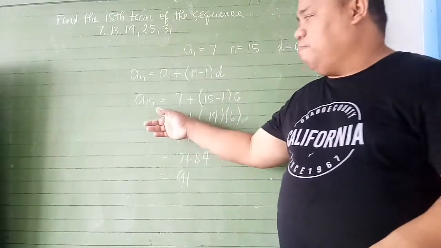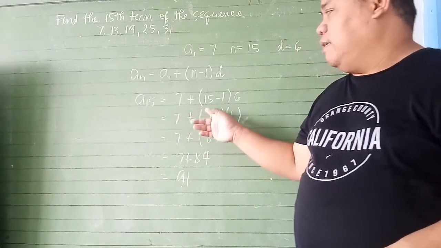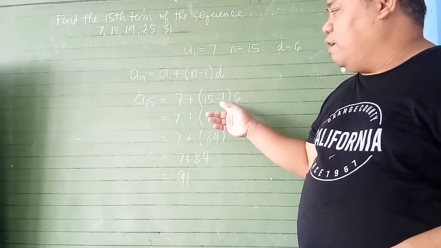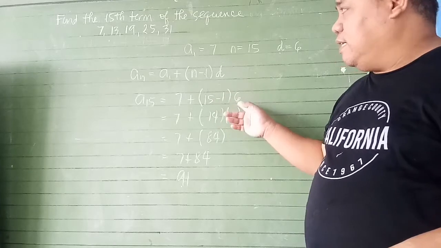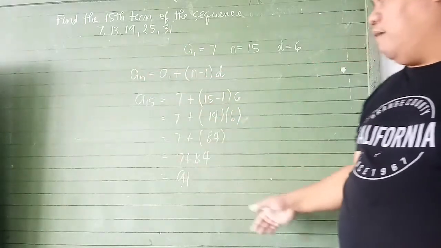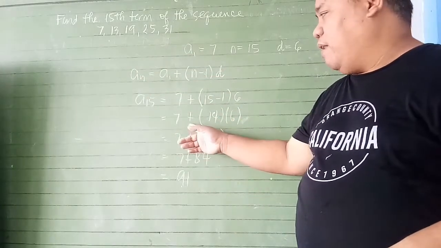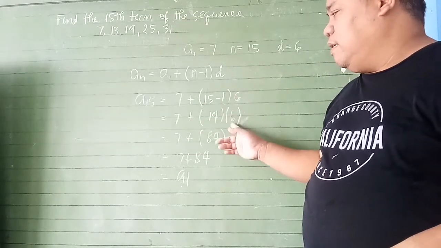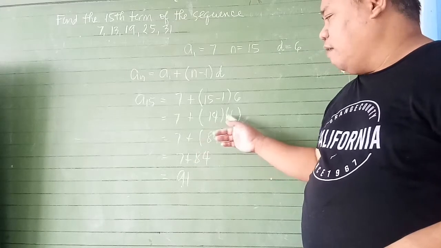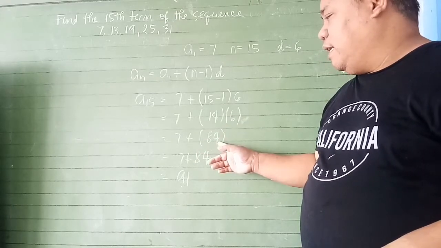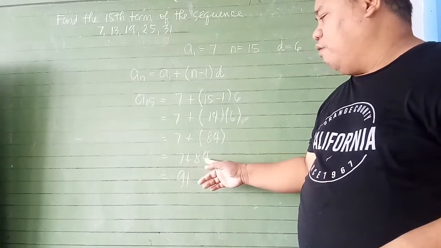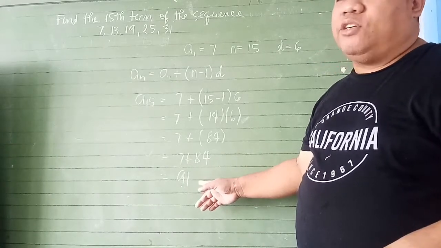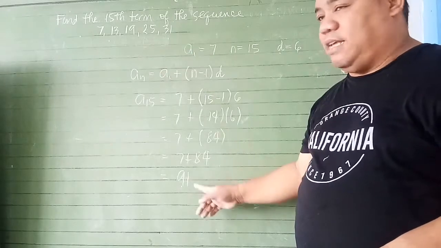Our a sub 15 is equals to 7 plus, 7 is our first term, then 15 is the term that we're looking for, minus 1, and d, 6 is the common difference of the sequence. So further solving, we have 7 plus, subtract 15 minus 1 is 14, then multiplied by 6. So 7, then 14 times 6 is 84, and then add 7 plus 84, and that is 91. So therefore, the 15th term of the given sequence is 91.